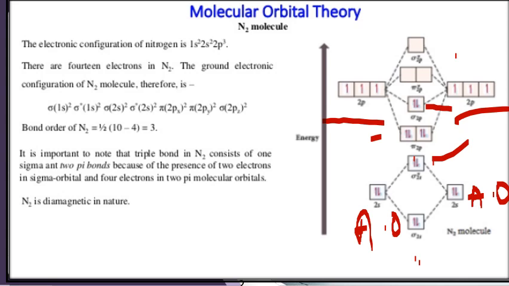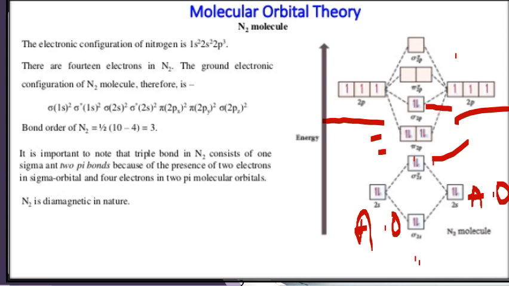Now here each p orbital is holding 1 electron. In total we have 6 electrons from both sides. Each is contributing 3, right? So the total number of electrons which we have to accommodate is 6. We will fill up the π2py and π2pz orbitals first, so that there is accommodation of 4 electrons in them.